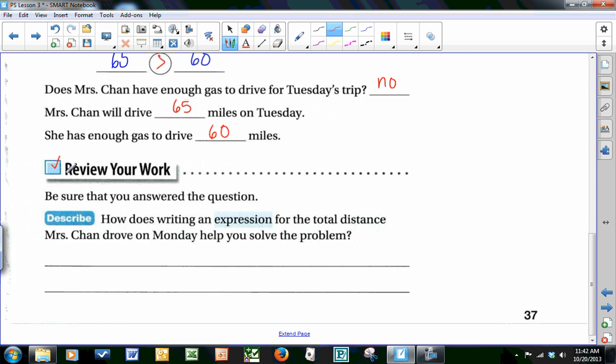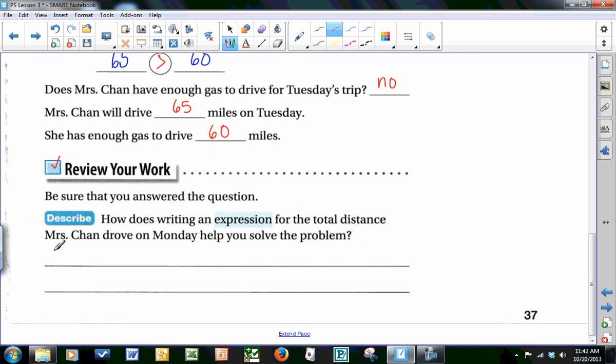Finally, at the end, review your work. Be sure that you have answered the question and ask ourselves, how does writing an expression or equation for the total distance Mrs. Chan drove on Monday help you solve the problem?